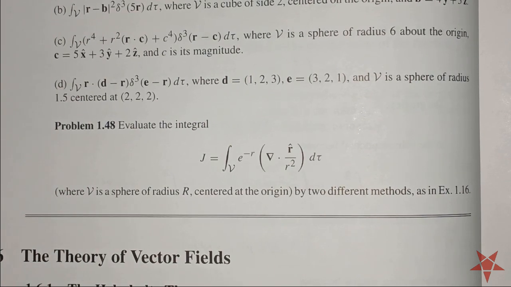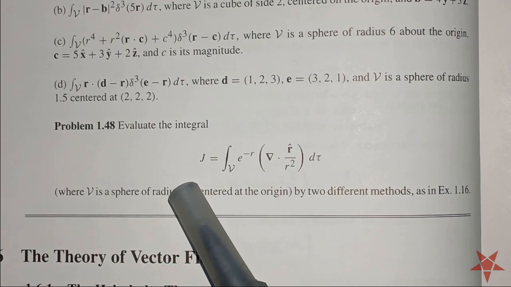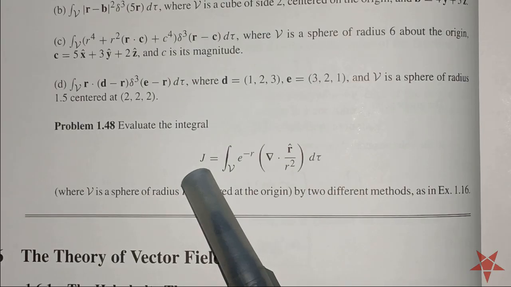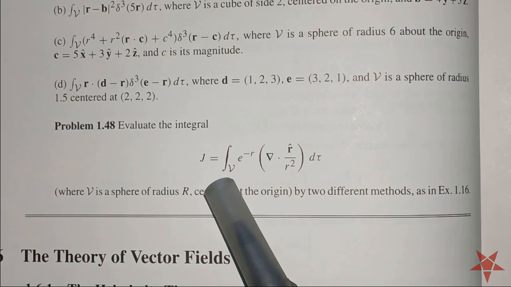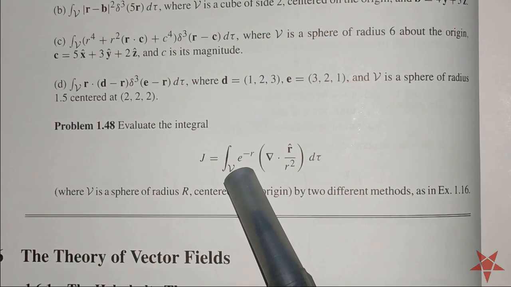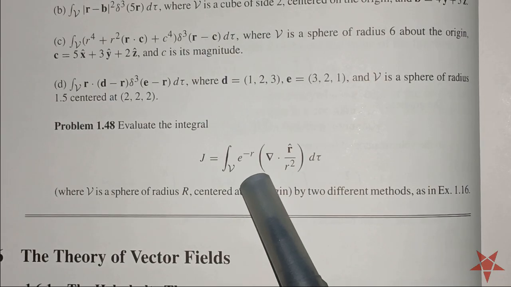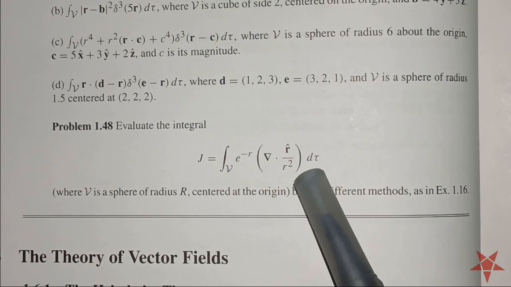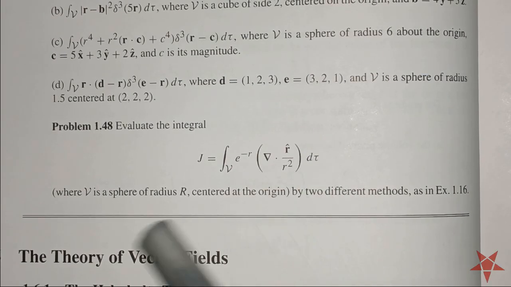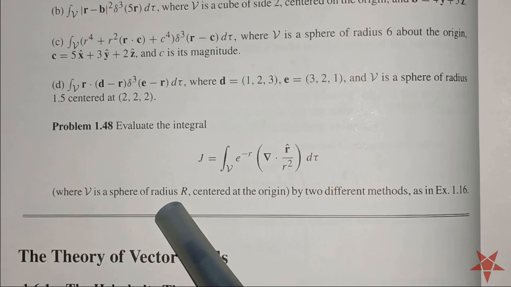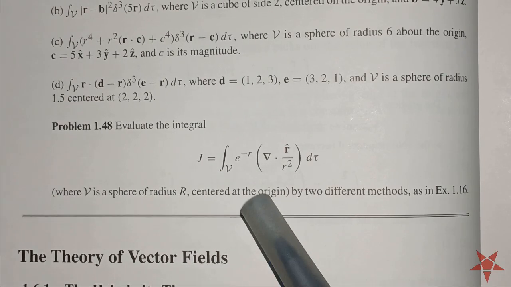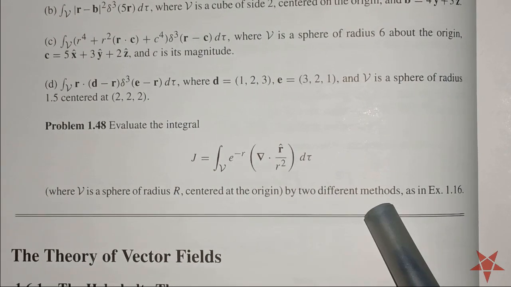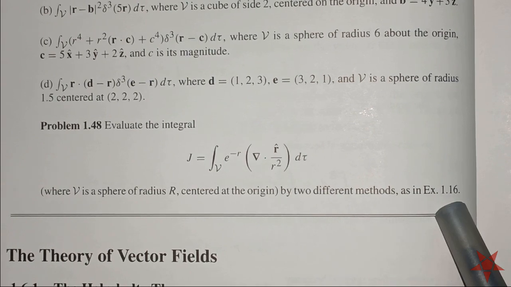And what we're going to be doing is solving the volume integral J, which involves e to the negative r times the dot product of del and r hat divided by r squared d tau. In this case, V is a sphere of radius r, centered at the origin. And we're going to do it by two different methods, as described in example 1.16.